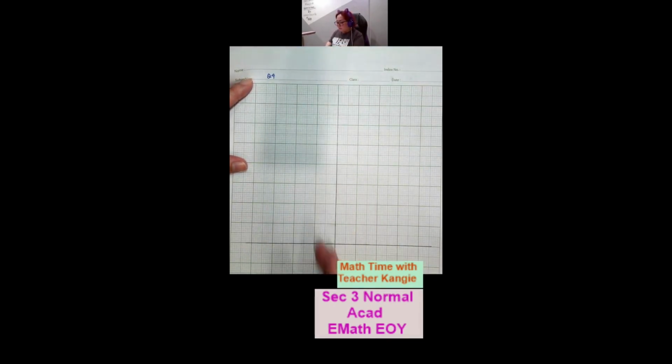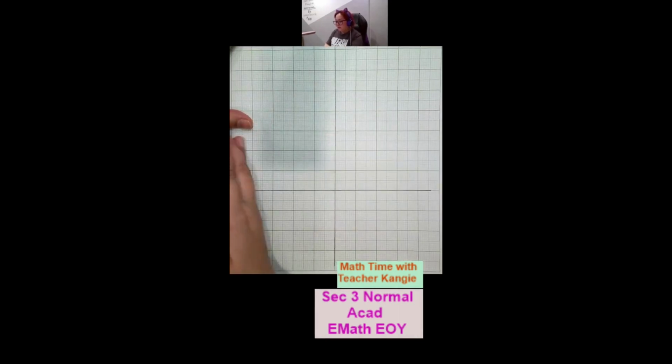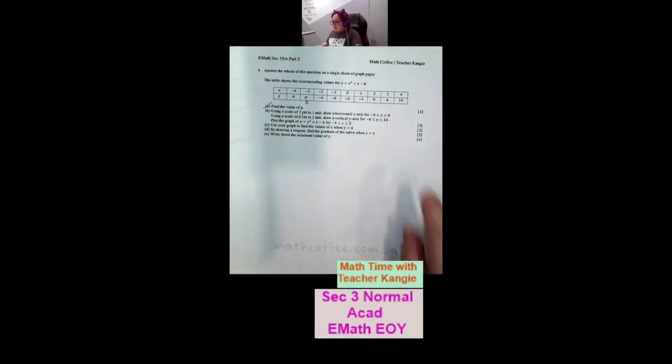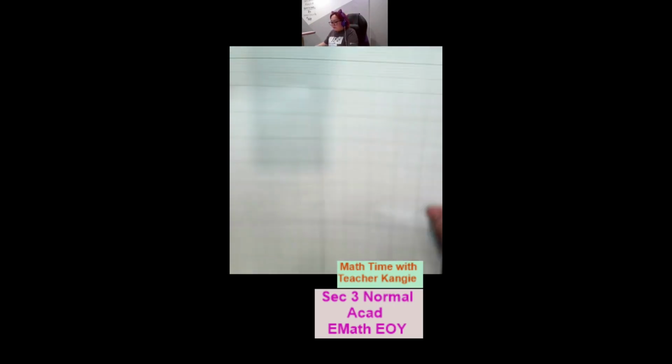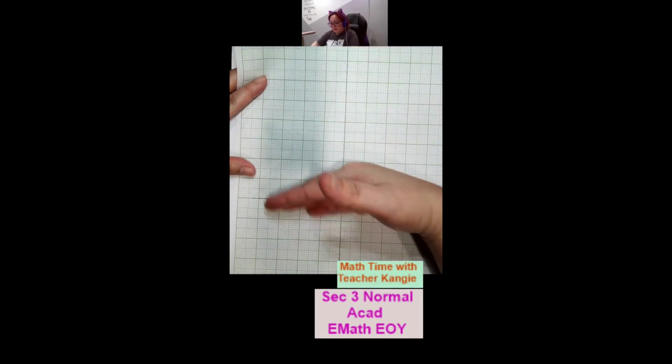Then look at the y-axis, -6 to 14. You need more positive and lesser negative. That is why my horizontal line is lower.